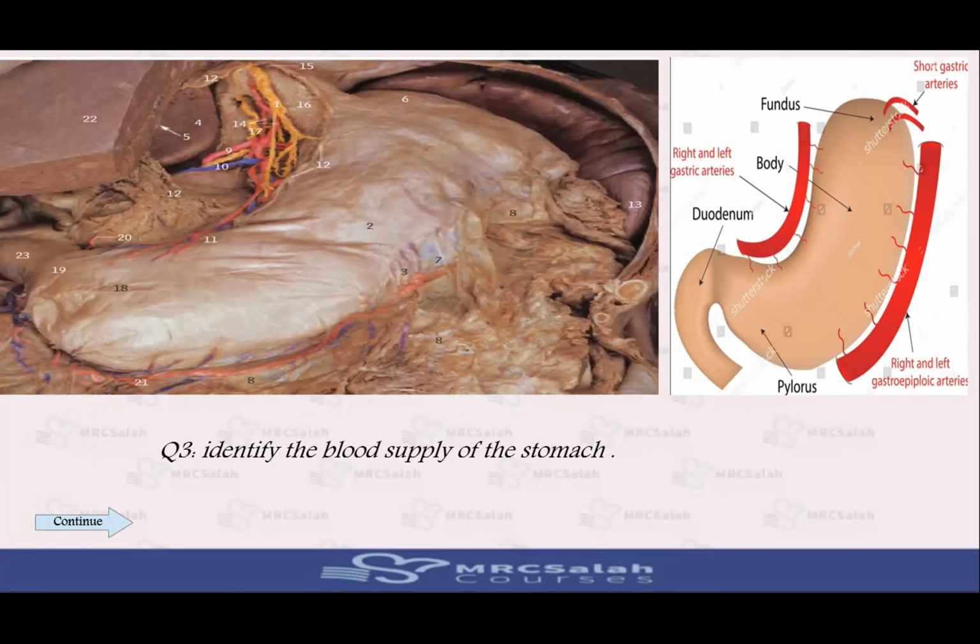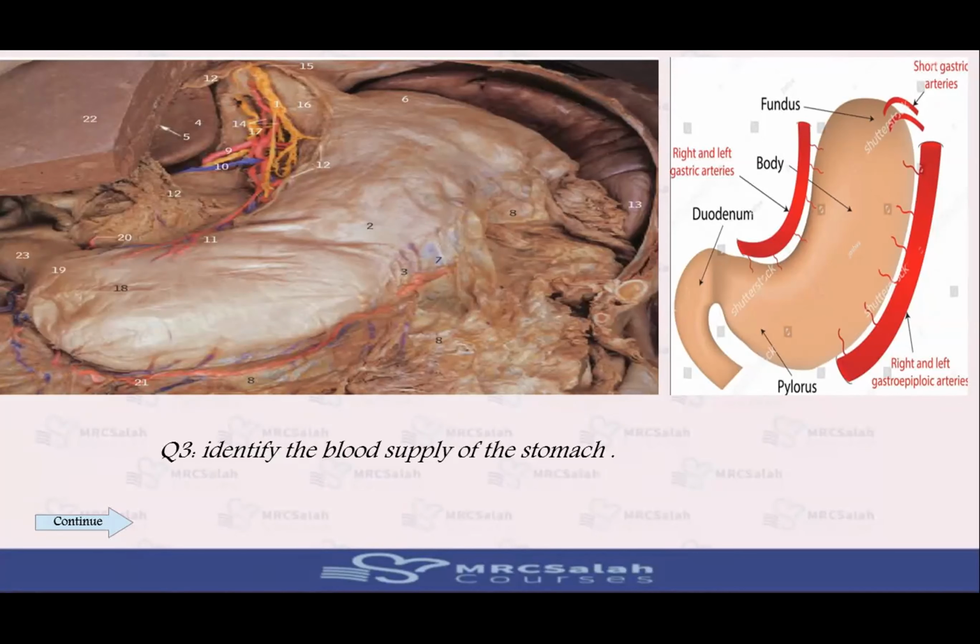So the left gastric, where does it originate from? It originates from the celiac trunk. And the right gastric, where is it from? The right gastric is from the common hepatic artery, which is from the celiac. Okay, so this is how your answer should go: the lesser curvature is supplied by the left gastric, which originates from the celiac, and the right gastric, which originates from the hepatic. Okay. Continue in the same sequence.